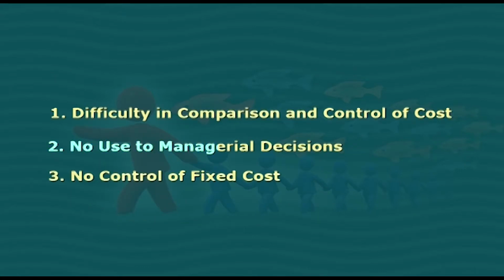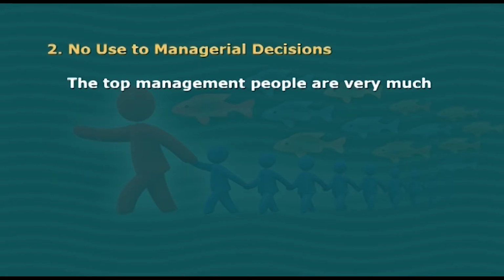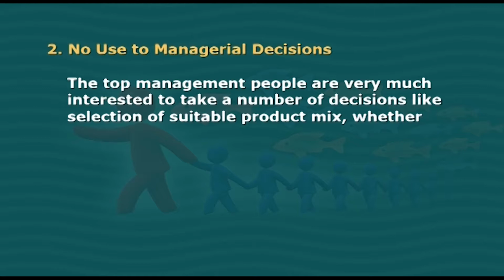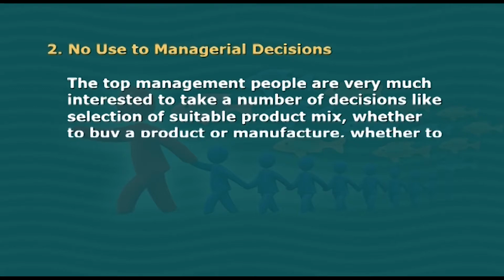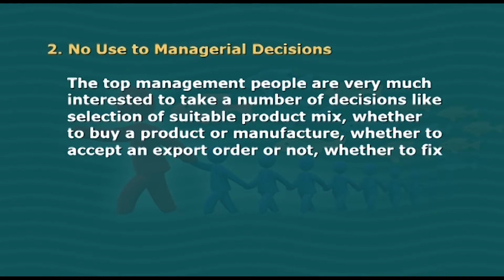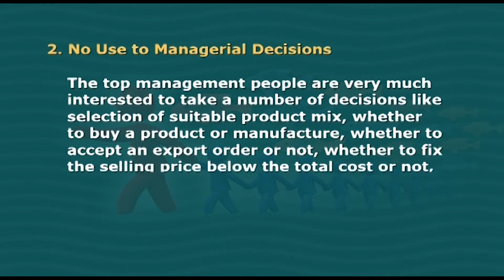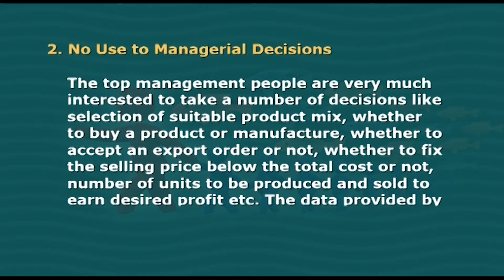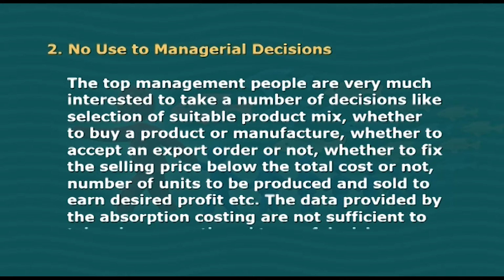Second limitation is no use to managerial decisions. Friends, the top management people are very much interested in taking a number of decisions like selection of suitable product mix, whether to buy a product or manufacture, whether to accept an export order or not, whether to fix the selling price below the total cost or not, number of units to be produced and sold to earn desired profit, and so on.